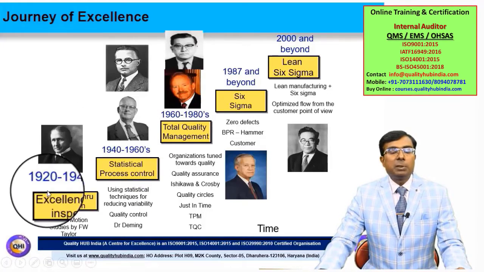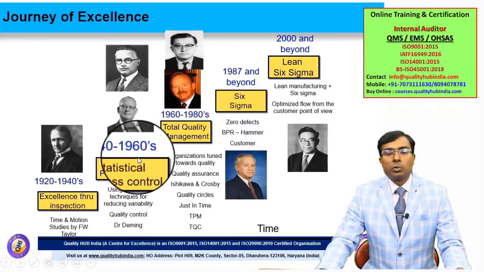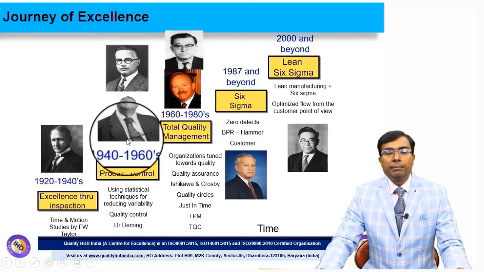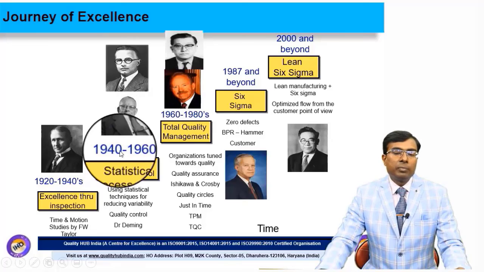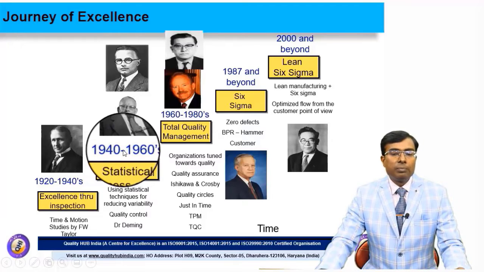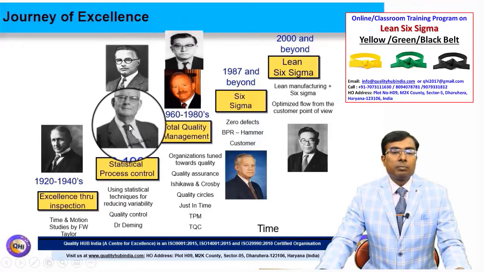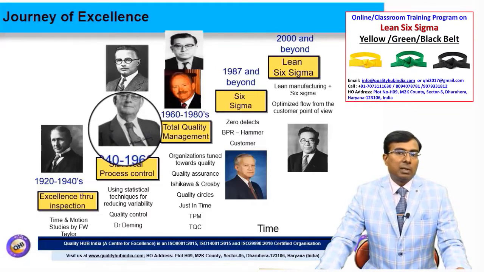Moving on from this period, the next phase is between 1940 and the 1960s. Lots of focus was on statistical process control during this time, and some of the prominent figures like Dr. Edward Deming, who contributed a lot to the development of various quality philosophy methods, and a prominent figure in the Japanese evolution of quality management post Second World War.